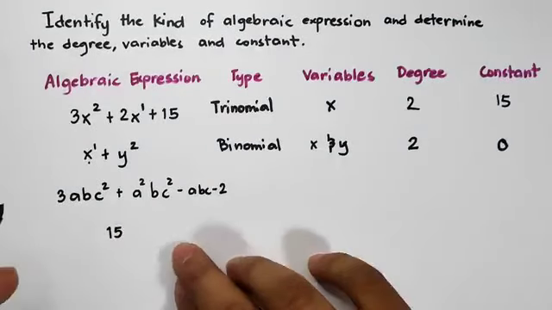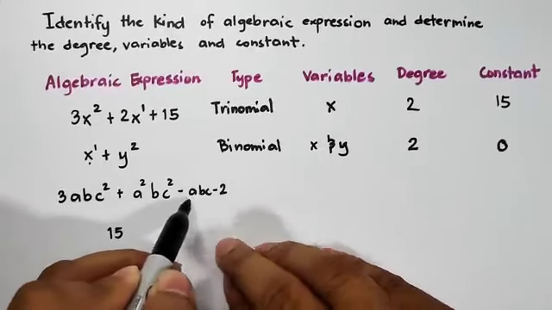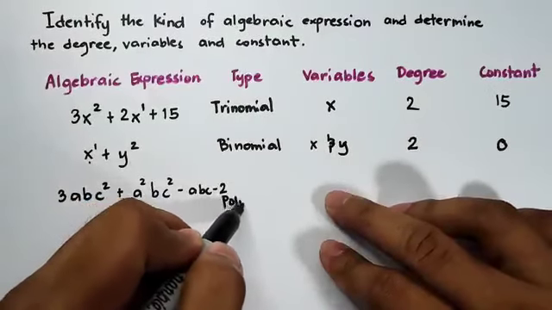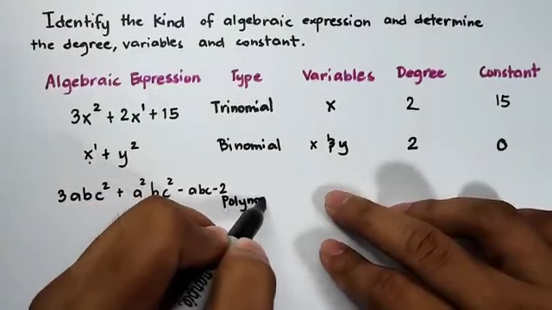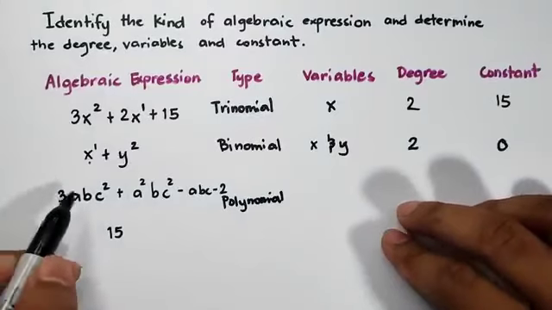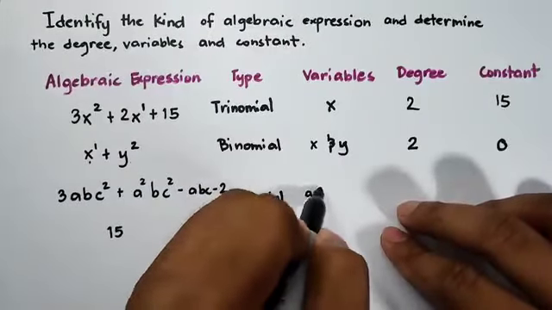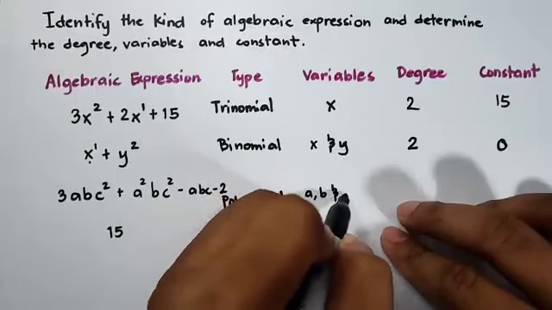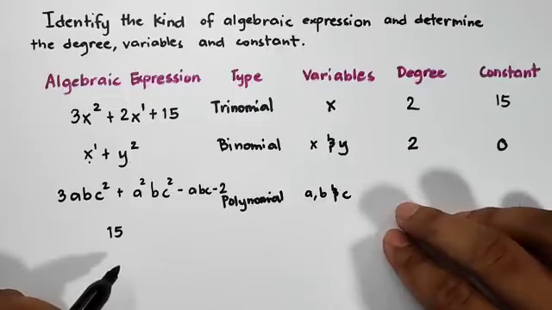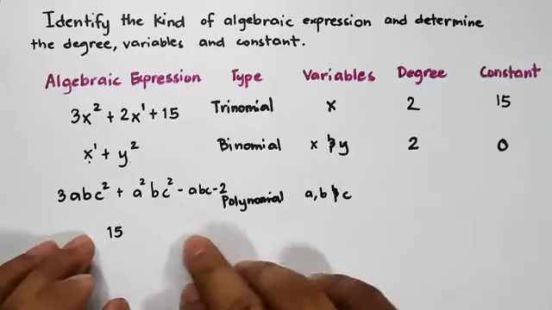So let's continue. Dito, bilangin natin yung terms. We have 1, 2, 3, and 4. Meaning, this one is a polynomial. So what about the variables? The variables, kung mapapansin mo, tatlo. A, B, C. So we have A, B, and C. So what about the degree? Yung degree natin dito kapag ganito, guys, maraming variables sa bawat term. I-add natin.